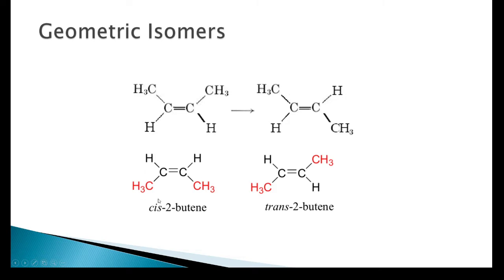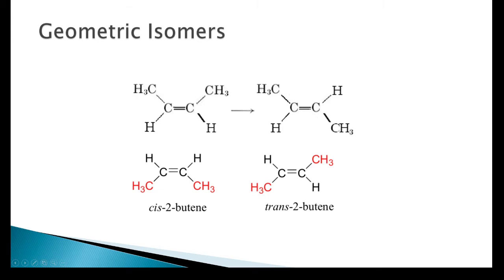If they're on the same side of a double bond, they are known as cis-2-butene. Cis, same side. The way I remembered it in school was sisters are close. Trans, they're on the opposite sides of the double bond. You need transportation to get across to connect them.